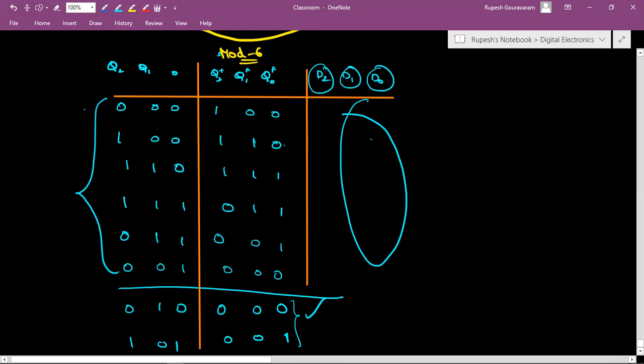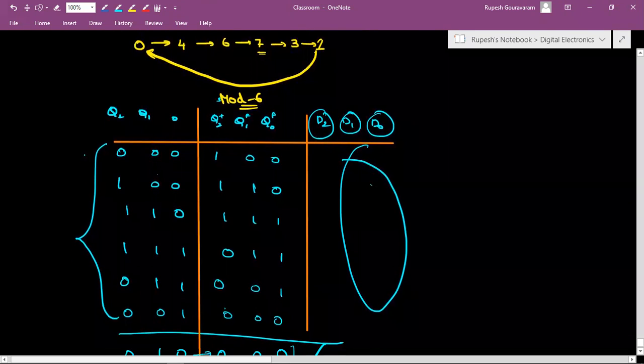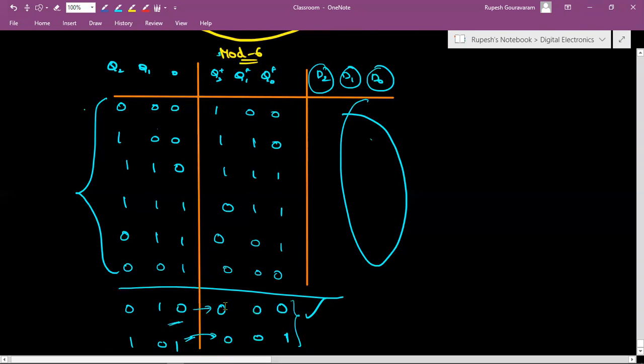That means what you have actually done here: the unused states we didn't take care of in the previous question, but in this question we took care so the unused states will go into used states. In the exam, if they don't ask you about self-starting, if they just ask you to design a counter with the following sequence, then don't do any unnecessary action.